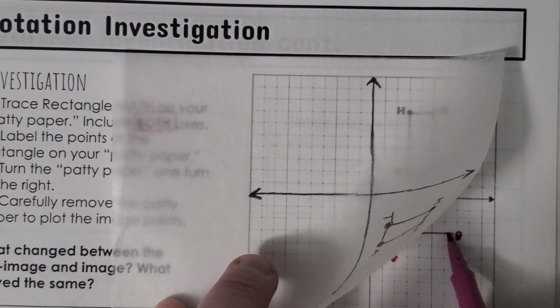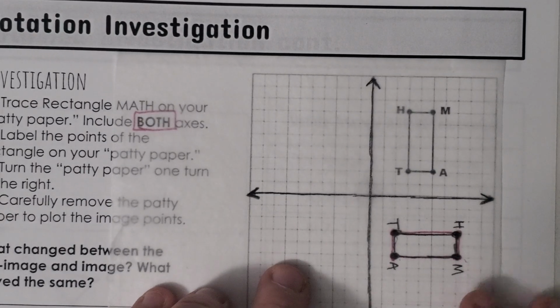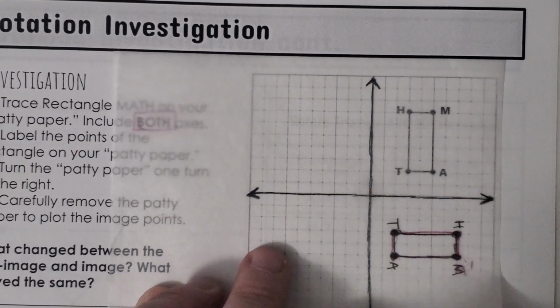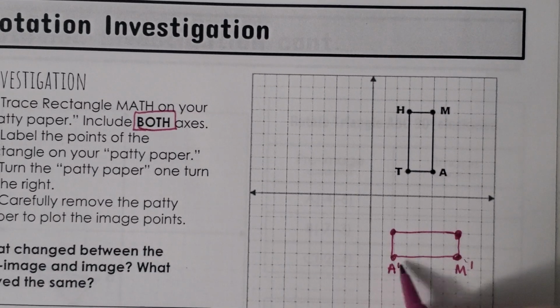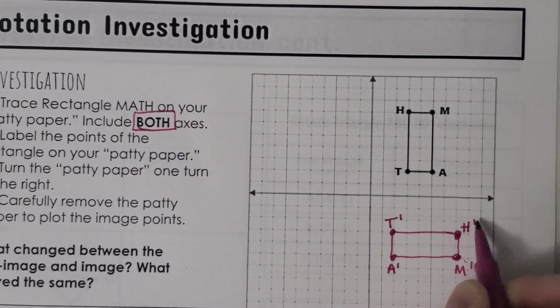So when I have my 4 points, I can make sure that I have the correct things, and I can know that my M prime would be down here, A prime, and then T prime and H prime.